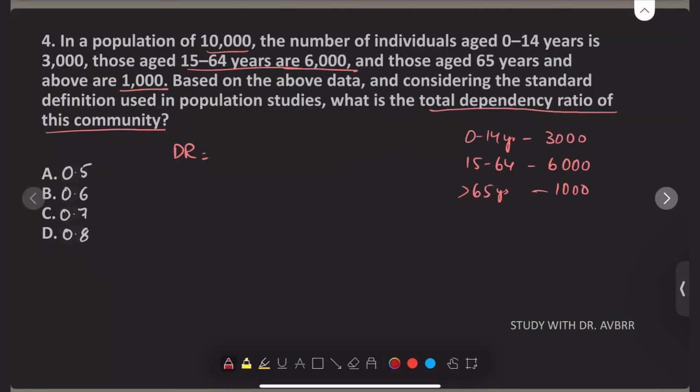So the formula for dependency ratio is non-working population by working population. Okay, this is the formula, but you need to know which age group comes under the non-working population and the working population.